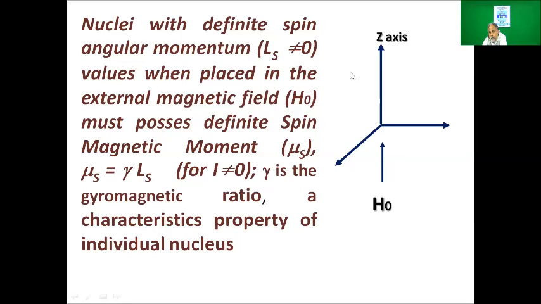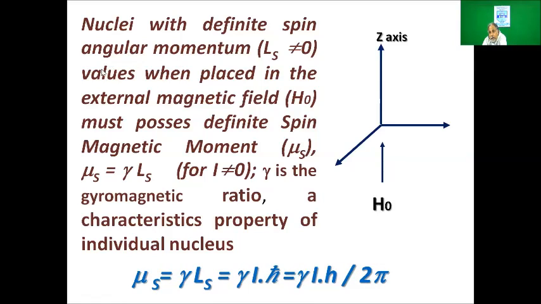But where Ls is non-zero, when they are placed in the external magnetic field H0, they must possess a definite spin magnetic moment. That means the spin magnetic moment mu s is equal to gamma into Ls, equal to gamma I h by 2 pi.